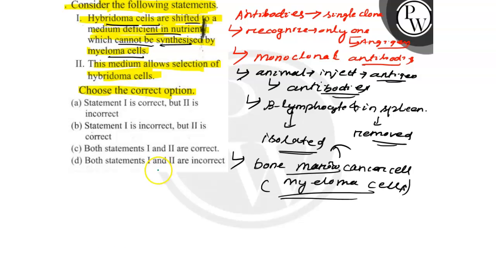These cells should not be able to synthesize their own nutrients. The two types of cells, myeloma cell and antibody producing cell, together are known as the hybridoma, as I discussed in this part.